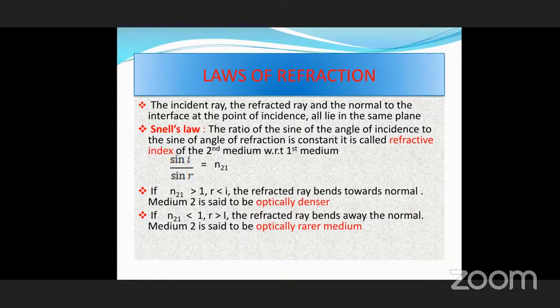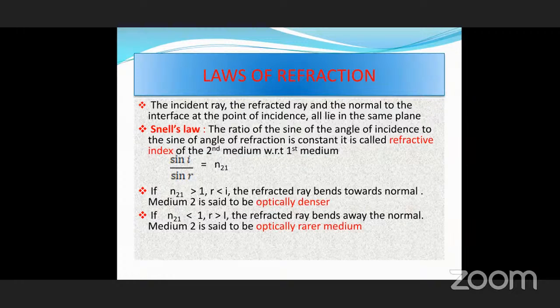We are not changing that. That ratio of sine I and sine R is called the refractive index of the second medium with respect to the first. Here, the most important thing is that we have to consider both these media.